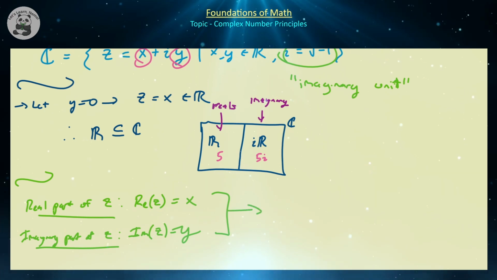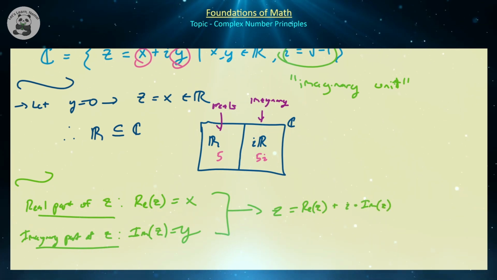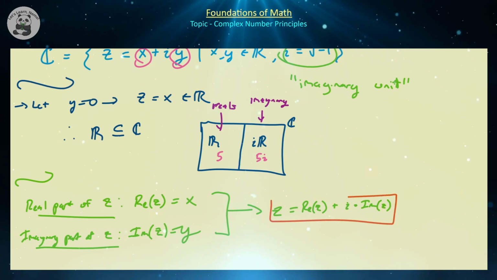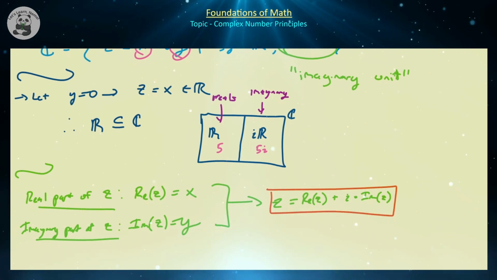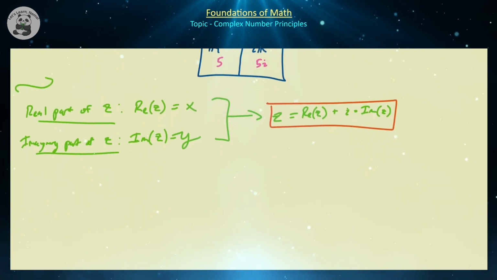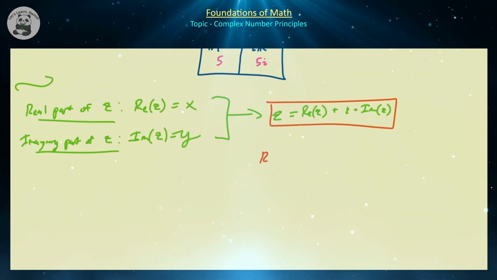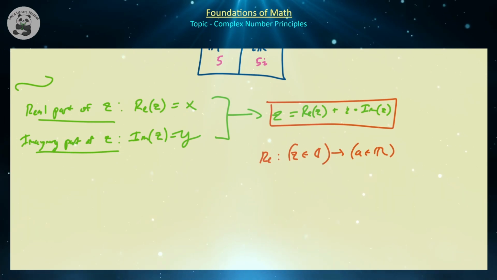If we combine these two things together, we have that z can always be represented as the real part of z plus i times the imaginary part of z. And these mechanisms, Re and Im, are just functions that map a complex number to a real number. So we can say that Re maps a z in the set of complex numbers to some number a in the set of reals. Same for Im as well.